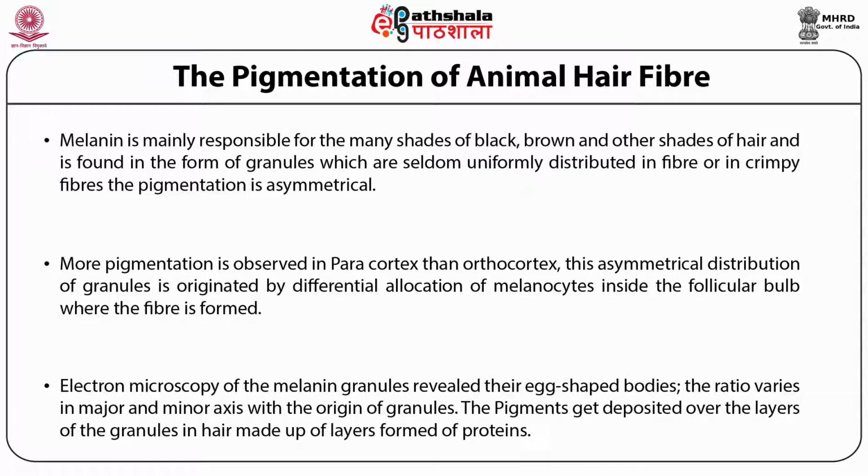Several researches have revealed that natural melanin shows close association with metals, especially iron, and with proteins. Thus, pigmentation of hair can serve as an important parameter for differentiation of animal hair from human hair.